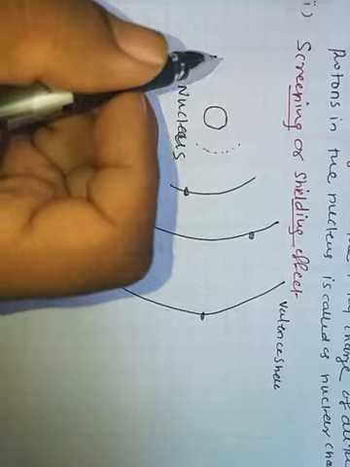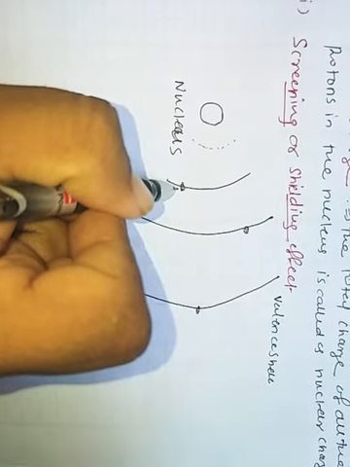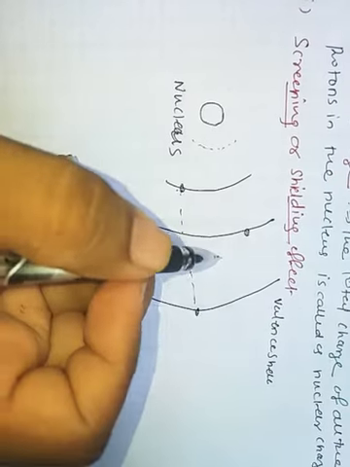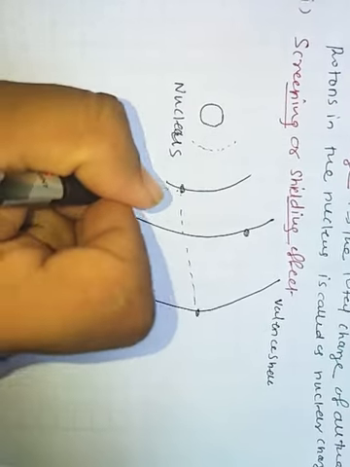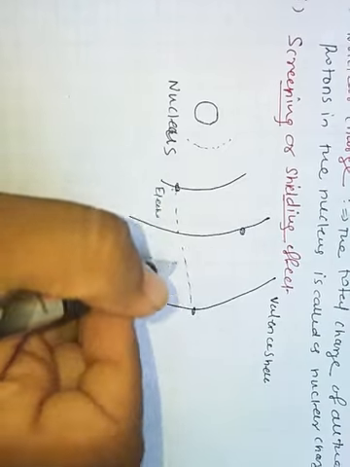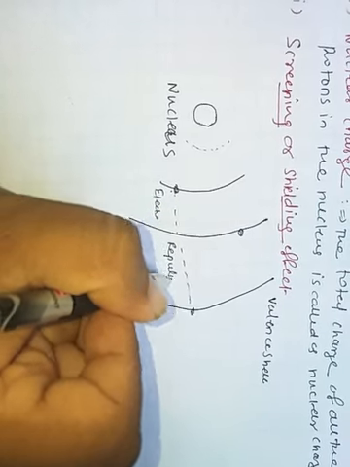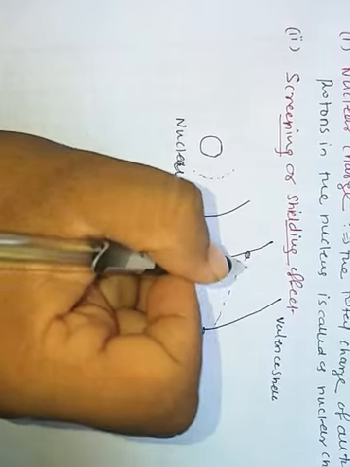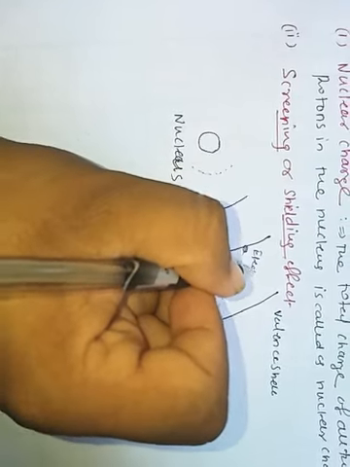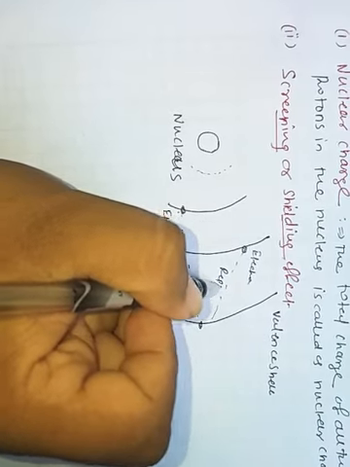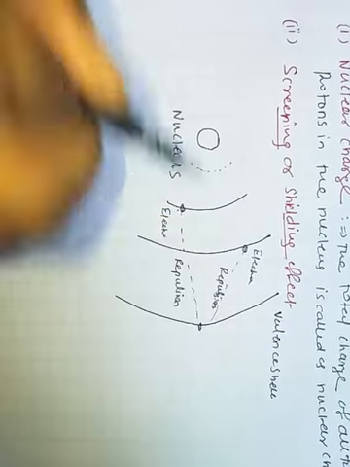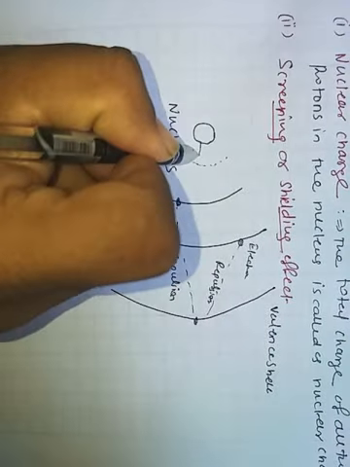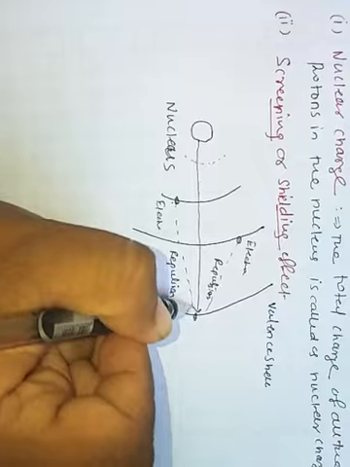These other electrons are doing repulsion, and these too are repelling.